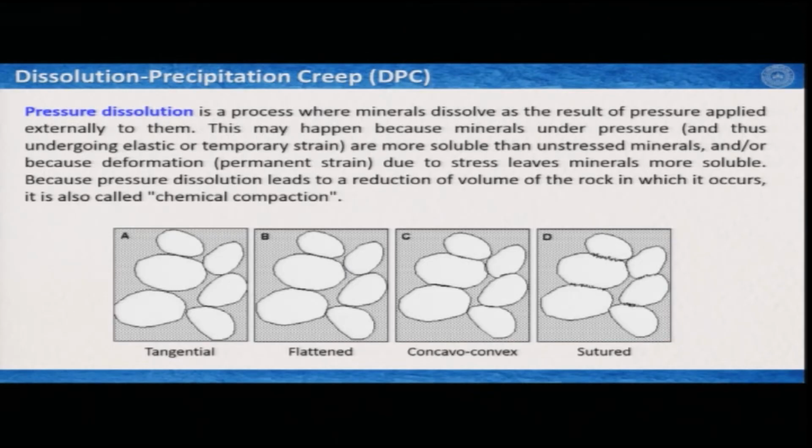So, dissolution can happen at a point and dissolution can happen on a surface. When 2 points touch each other or 2 surfaces touch each other, a pressure is generated on the surface, and if there are fluids, then the process is known as pressure induced dissolution or pressure dissolution.